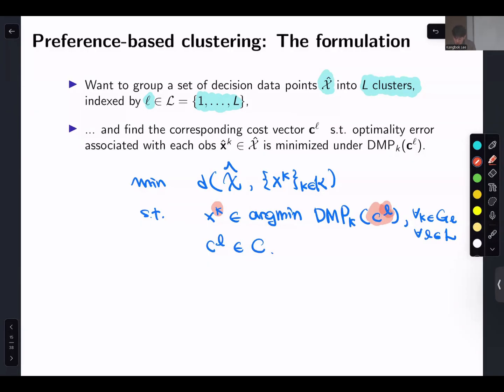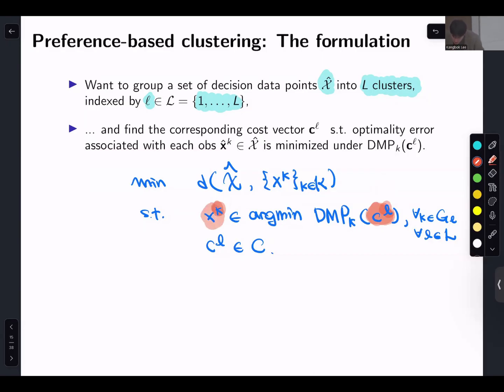So what I'm saying is I believe that decision maker k's preference is actually captured by this c_l. There are going to be different decision makers that belong to the same cluster who are supposed to share the same C vector c_l.